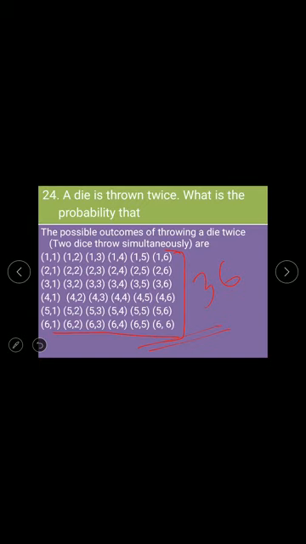What is the first? Find the probability that 5 will not come up either time. We will not get 5 at any time. So instead of counting the cases where 5 is not coming, you just count how many times we are getting 5. Here 5 is there, here 5 is there. Out of these 36, how many times do we get 5?